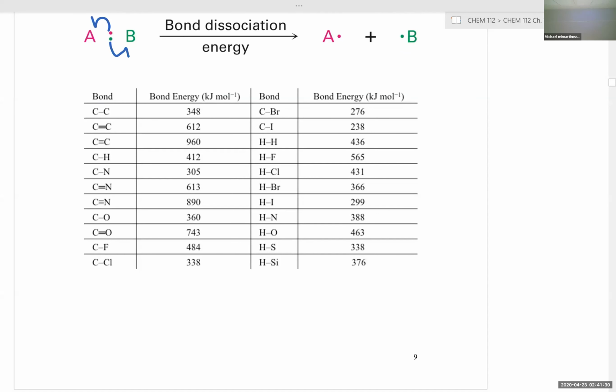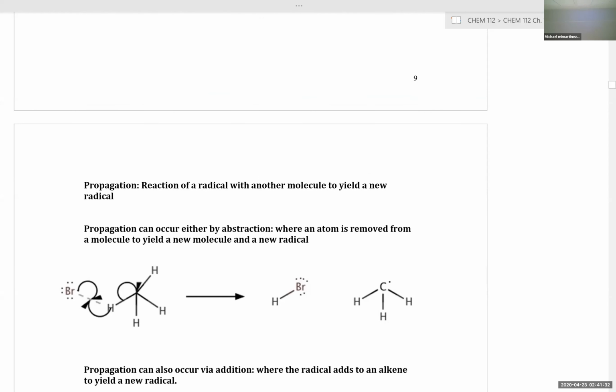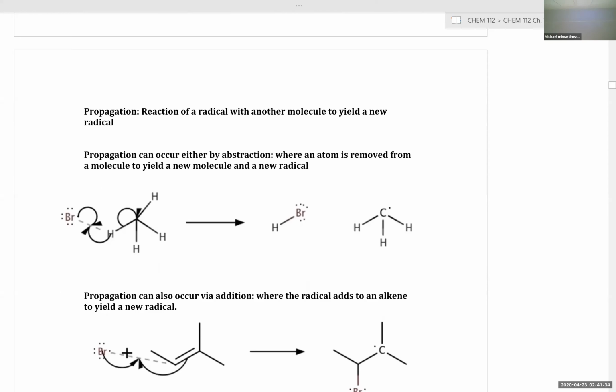Okay, so let's show how that works out in practice. Now, the next step in a radical reaction is propagation, which is reaction of a radical with another molecule to yield a new radical. So propagation can occur either by abstraction, where an atom is removed from a molecule to yield a new molecule and a new radical.